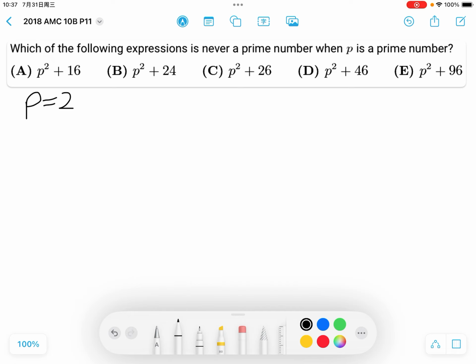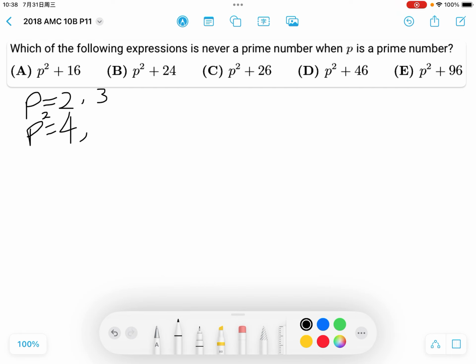And all the other terms here, C, D, E, are not going to be prime numbers because p squared is going to be equal to 4, and if we add an even number to an even number, then we get an even number. So if these numbers are divisible by 2, they can't be prime. So we can't have p equals 2 to eliminate any answer.